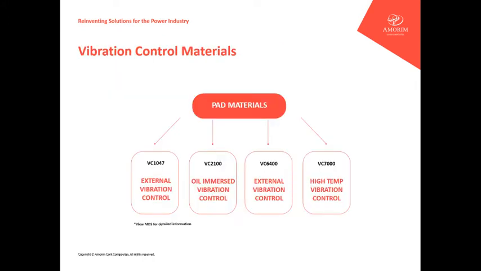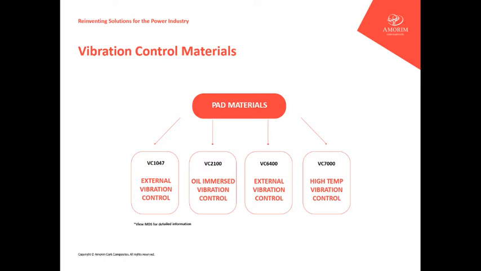So to end up, we have 4 materials on the pad range. They are used for one particular situation. So we have VC2100, which can be used inside the transformer, immersed in oil. It's the only material that can be used inside the transformer, immersed in oil.